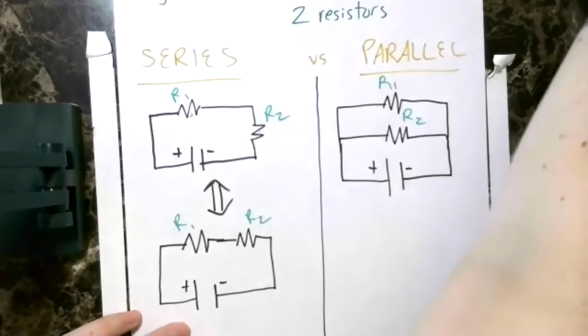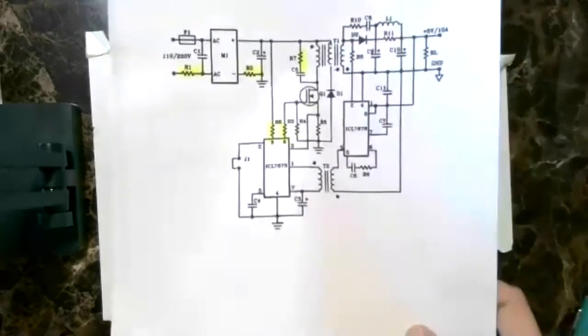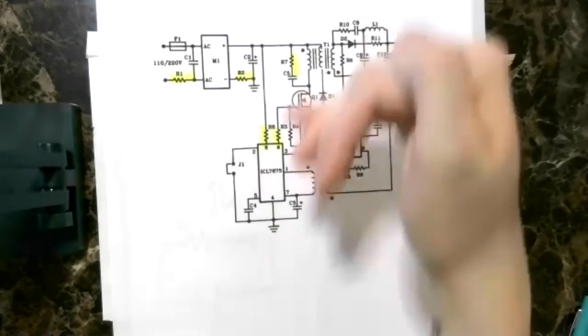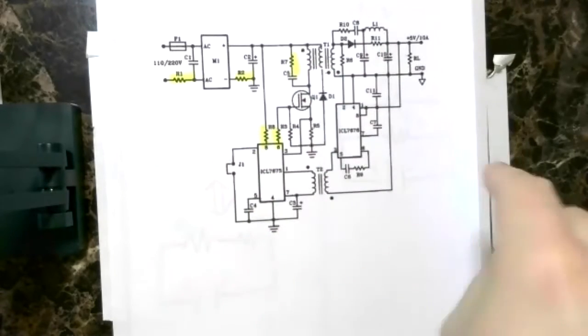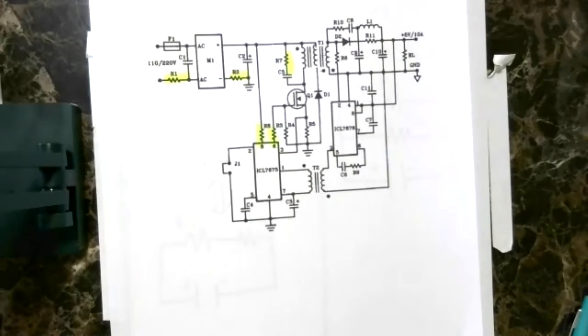And if we go back to that complicated looking example, if you actually start looking at this, you'll start to see, oh, these are in parallel, oh, these are in series. And what you'll notice is that we can have a hybrid mashup.